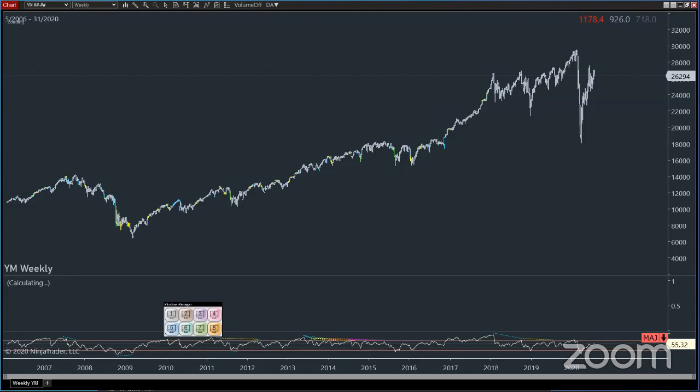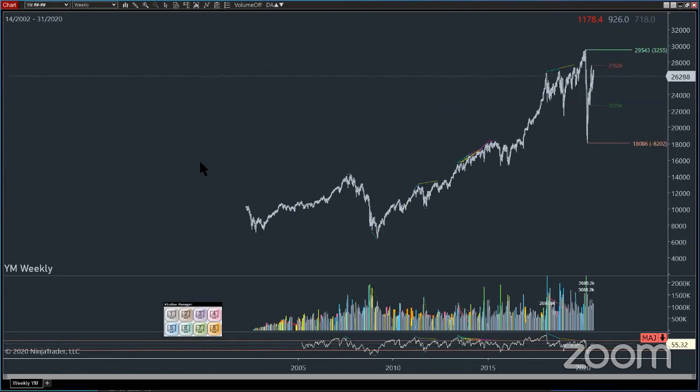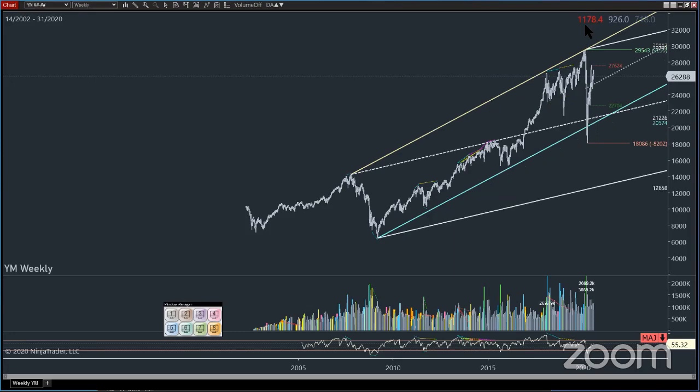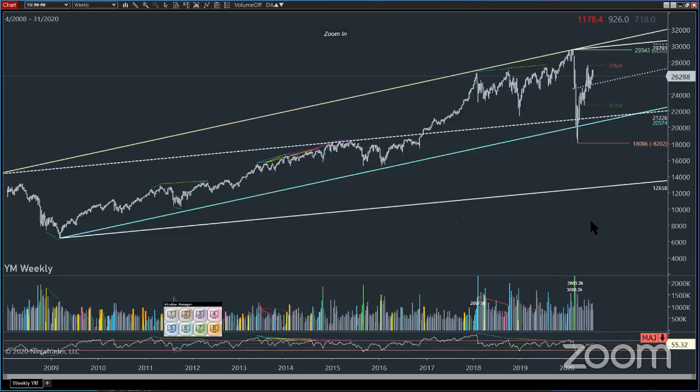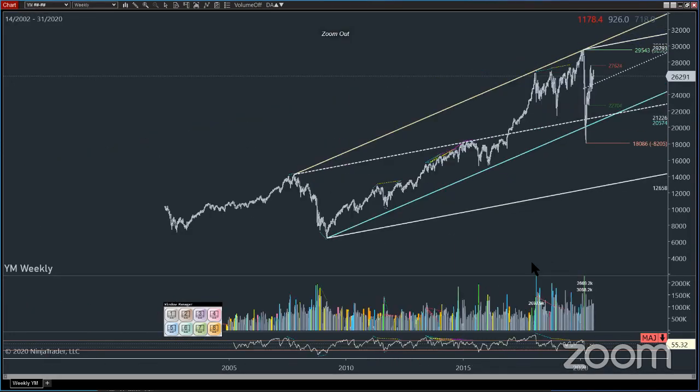Hurry up and get to 6E because that was a beautiful and easy fourth wave low triangle, and it's gone straight up out of it. Yeah, see here on the YM, it broke way through it.